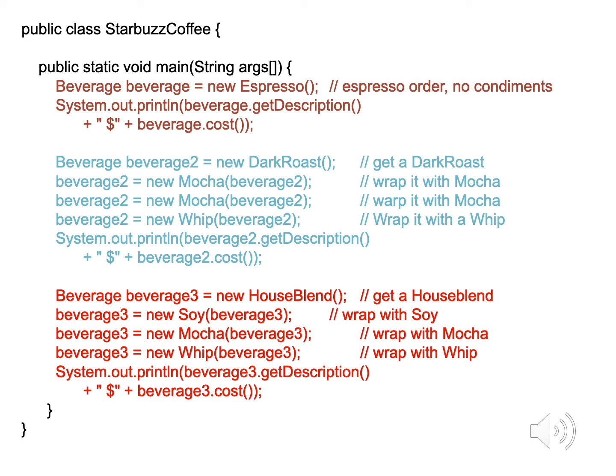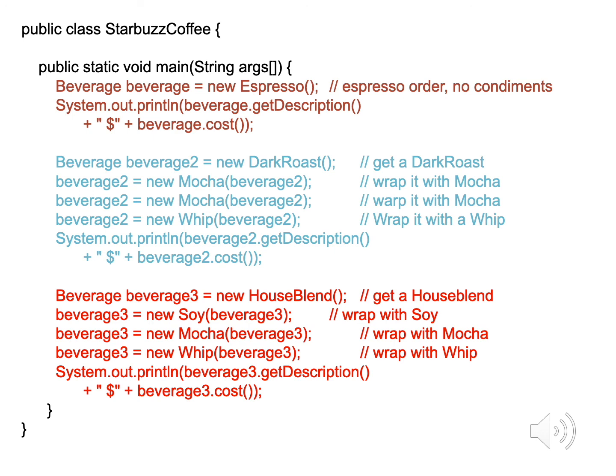So let's see how inside the main function we can use the decorator class to decorate the component. In this case, the component is our beverage, and the beverage has four types, and for the decoration options or toppings we have different condiments, and the condiments also have different variations. So let's check the flow.